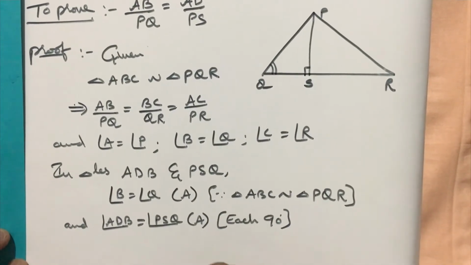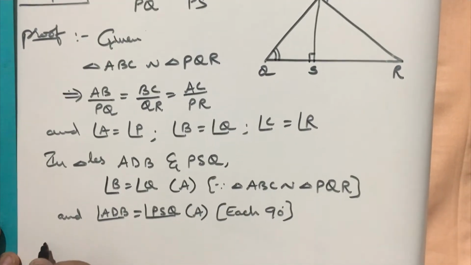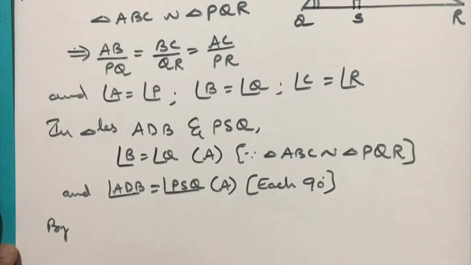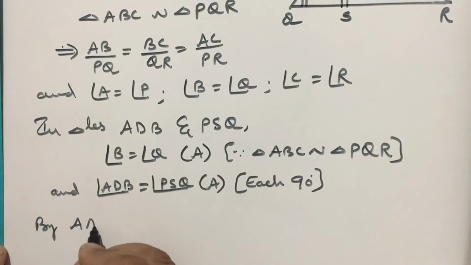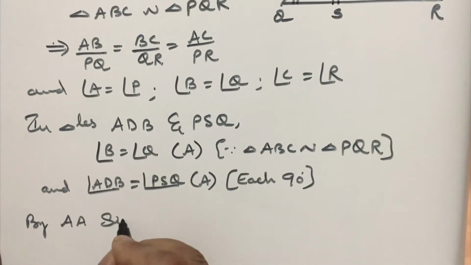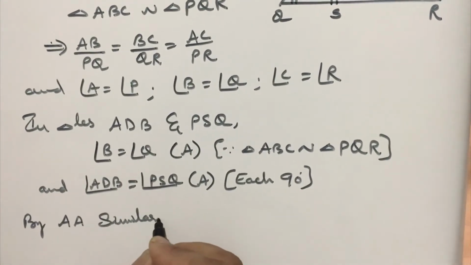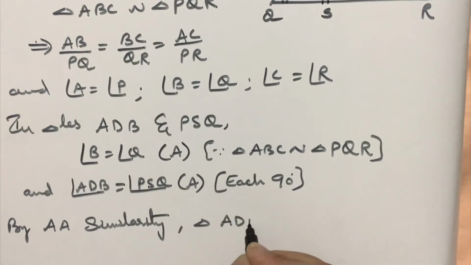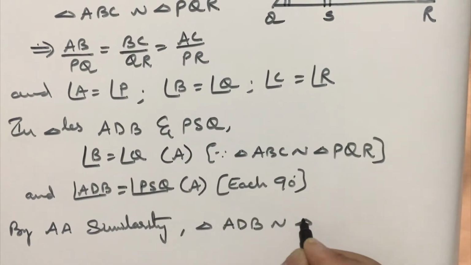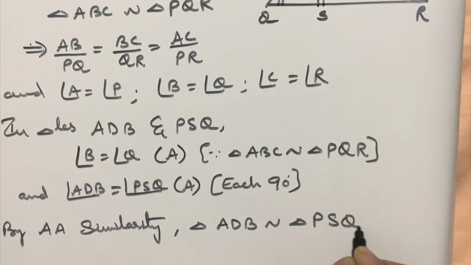Two angles are equal in two triangles. So what we have learned is, if two angles are equal in two triangles, we can take the AA similarity. By using the AA similarity criteria, you can say that triangle ADB is similar to triangle PSQ.